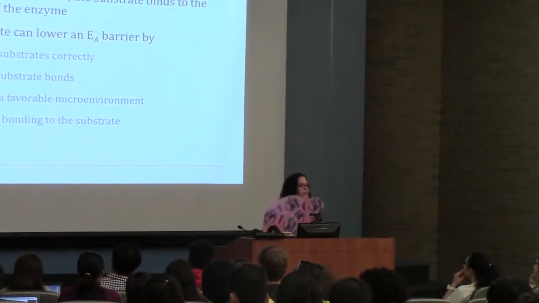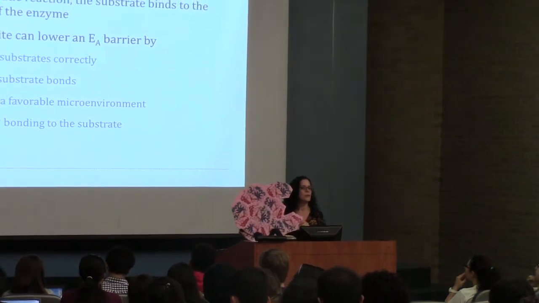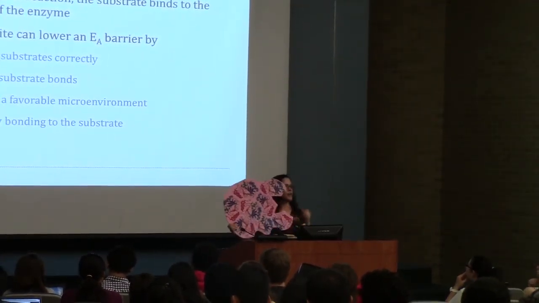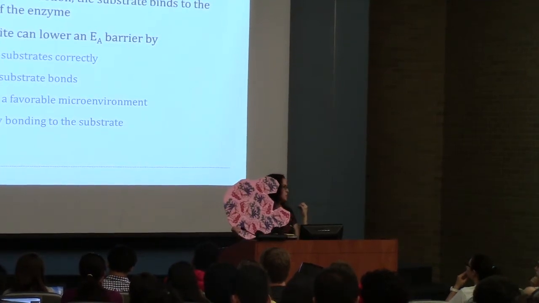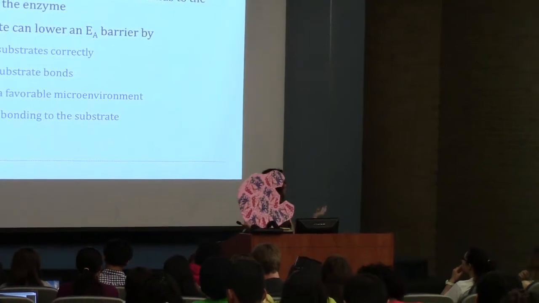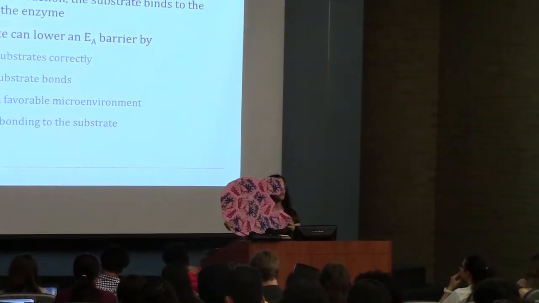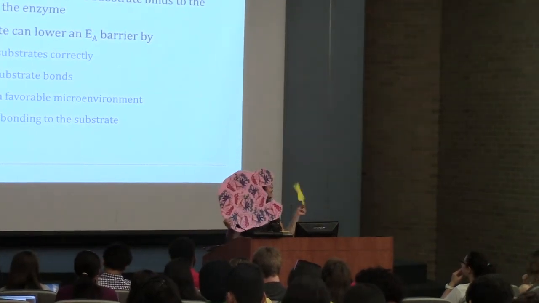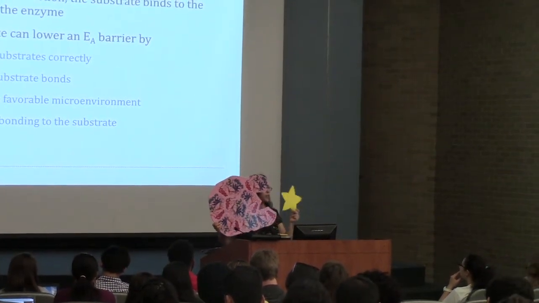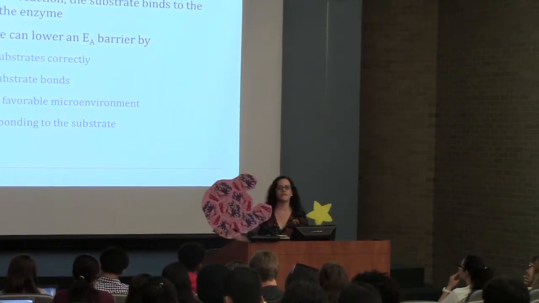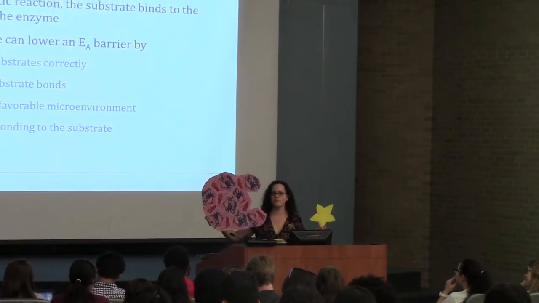Providing a favorable microenvironment would be, for example, well, we know that there are a lot of different kinds of amino acids, right? We have basic amino acids, acidic amino acids, with nonpolar chains or polar chains, right? So let's say this particular substrate needs an acidic environment so it can hydrolyze, and we are in a neutral cell cytoplasm.